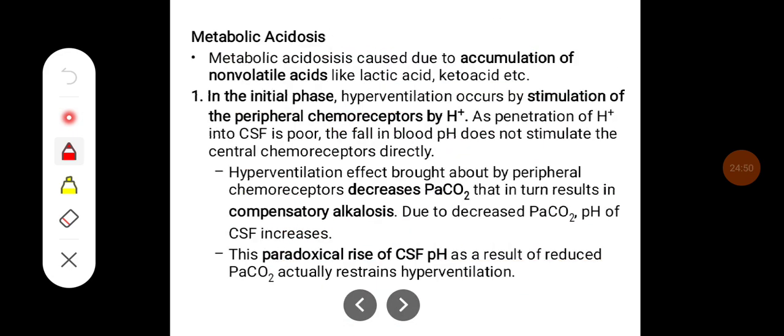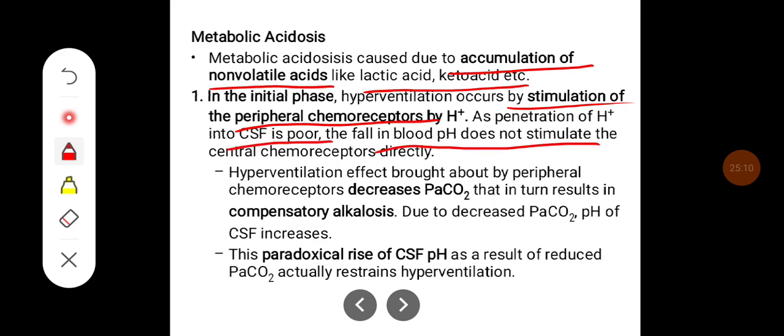Metabolic acidosis is caused by accumulation of non-volatile acids like lactic acid and keto acids. In the initial phase, hyperventilation occurs by stimulation of the peripheral chemoreceptors by H plus ions. As penetration of H plus ions into CSF is poor, the fall in the pH does not stimulate the central chemoreceptors directly.